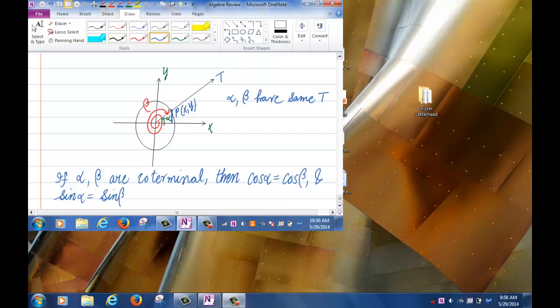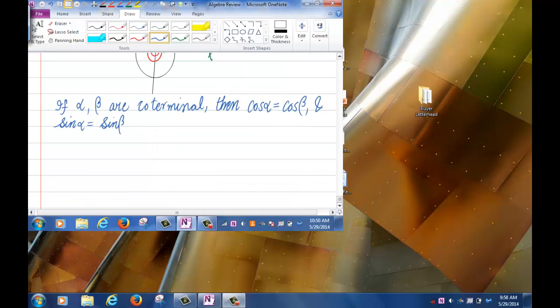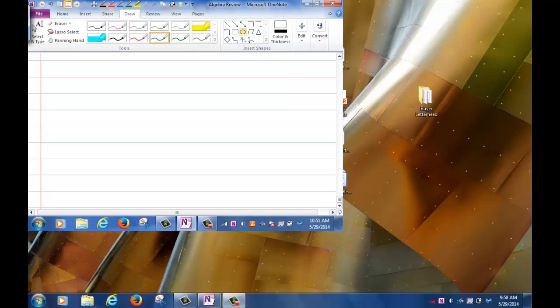It doesn't matter what the measure of alpha and beta is. What matters is the position of the terminal side. If alpha and beta have the same terminal side, the cosine values for them are the same. So here's a specific case of that. Let's look at a specific case.